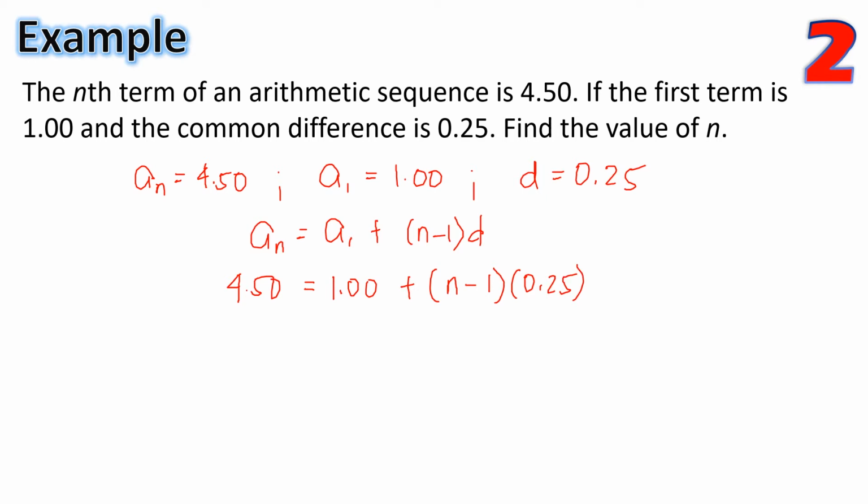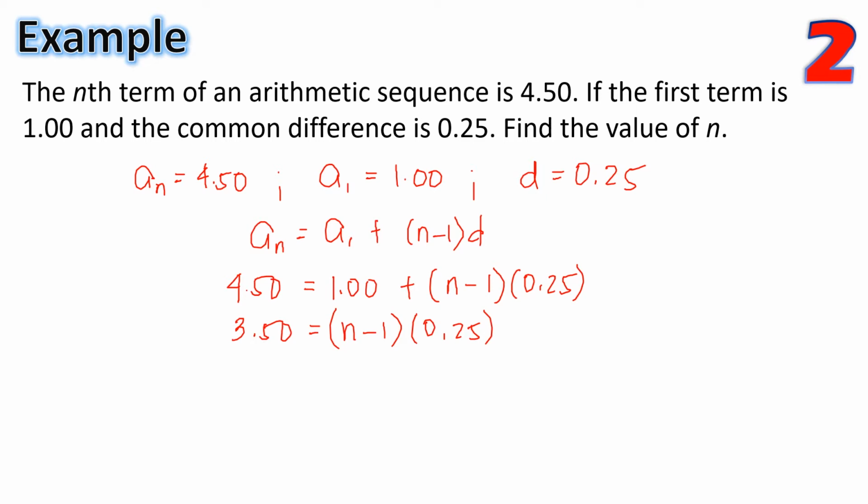Using the concept of order of operations, we can solve for the value of n. Subtracting 1 from both sides, we'll get 3.50 is equal to n minus 1 times 0.25. This time, we divide both sides by 0.25.